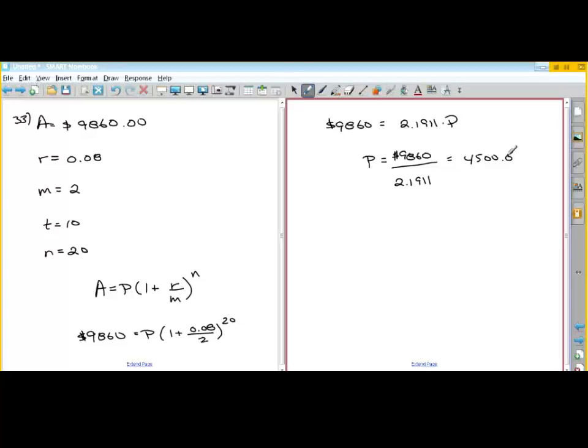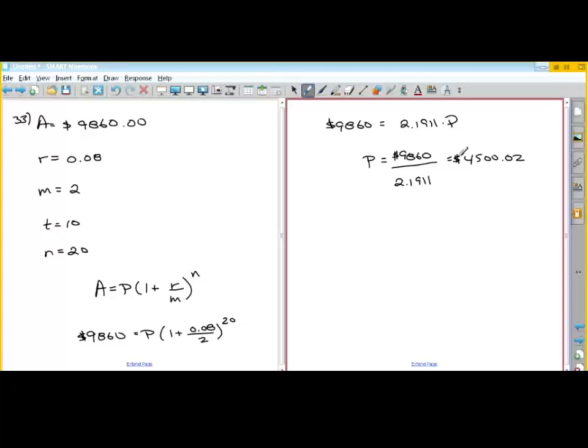My book says $4,499.98, or 4 cents difference. I wonder why they would have gotten that. No, I just may not have carried out enough decimal points. Let me just try it here. I did something wrong there, didn't I?